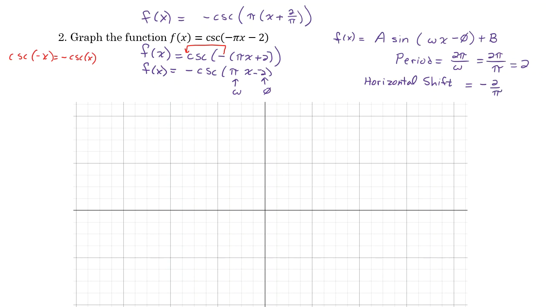Okay, so here's what's weird about this one. We've got a horizontal shift in terms of pi, but we have a period that's not in terms of pi. So it makes writing the scale here very difficult. In this situation, I would say, let's go ahead and put this in a decimal. What is 2 divided by pi in a decimal?